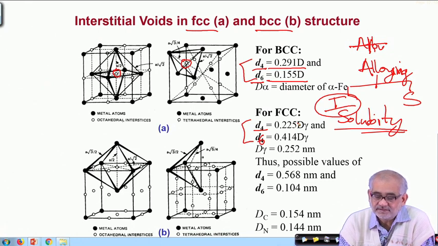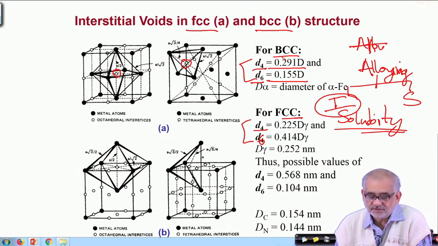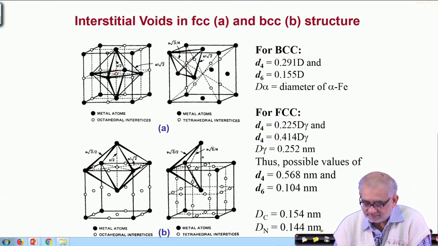But on the other hand, the voids in the BCC are interconnected, and it is because of this reason that carbon diffuses faster in the BCC variety than in FCC. So solubility is higher in FCC, but diffusivity is higher in BCC, and both these properties are very important in determining the various kinds of phase transformations and phase aggregates that we want to bring in.